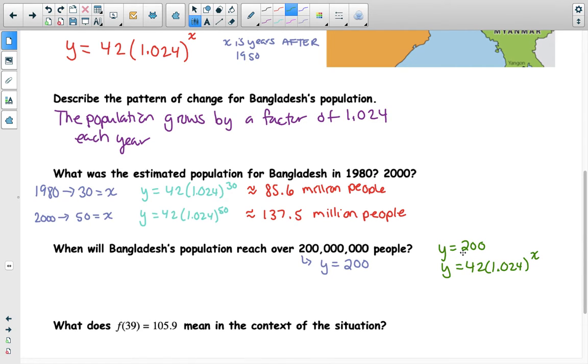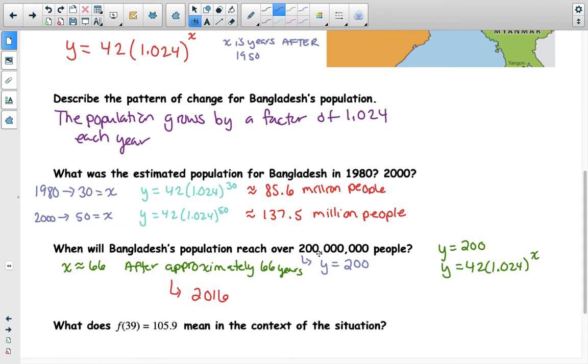When we find this, x would be approximately 66, so it would be after approximately 66 years. 66 years after 1950 would be around 2016.